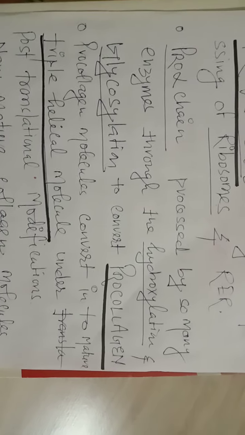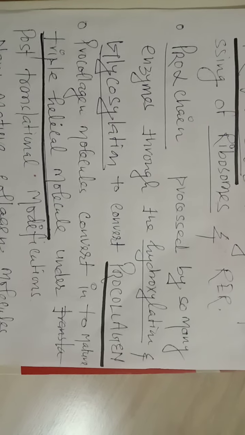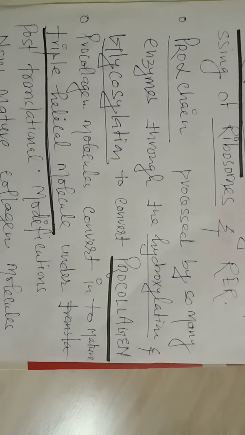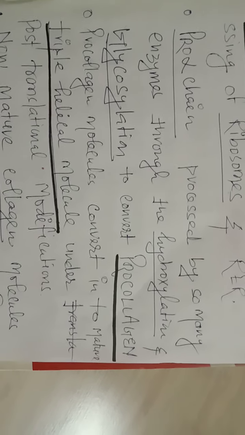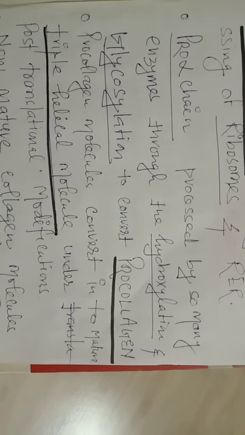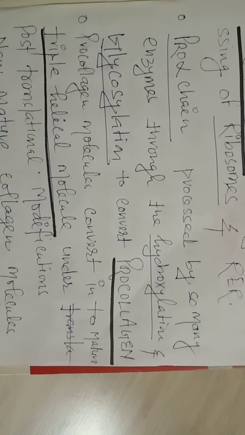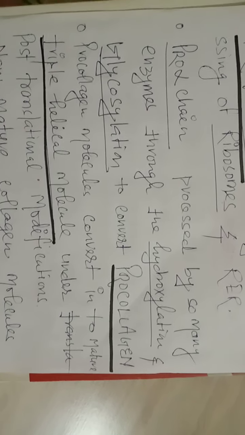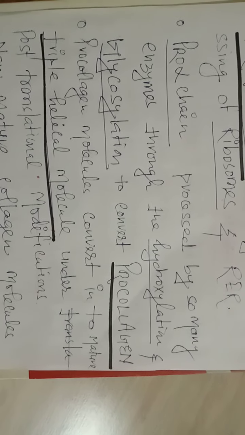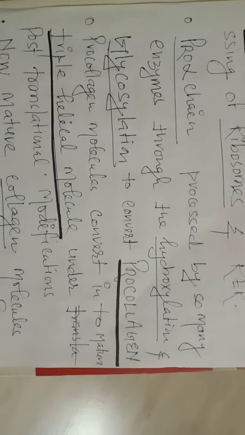And after translation, there will be a few modifications in molecules that is referred to as post-translational modification. So hydroxylation, glycosylation, methylation, you can say deletion of a few parts. All these are post-translational modifications. Clear?